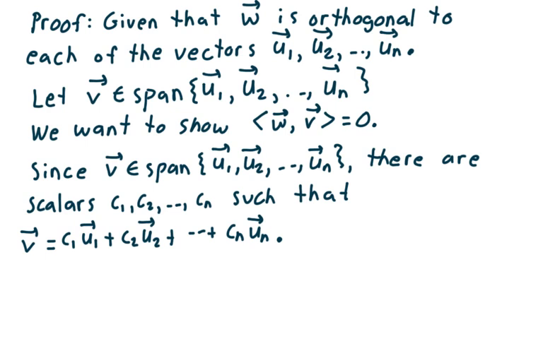Since V belongs to the span of u1, u2 through un, there exist scalars c1, c2 through cn such that V is equal to c1 u1 plus c2 u2 plus all the way through cn un. So in other words, V can be written as a linear combination of u1, u2 through un. That's what that means.